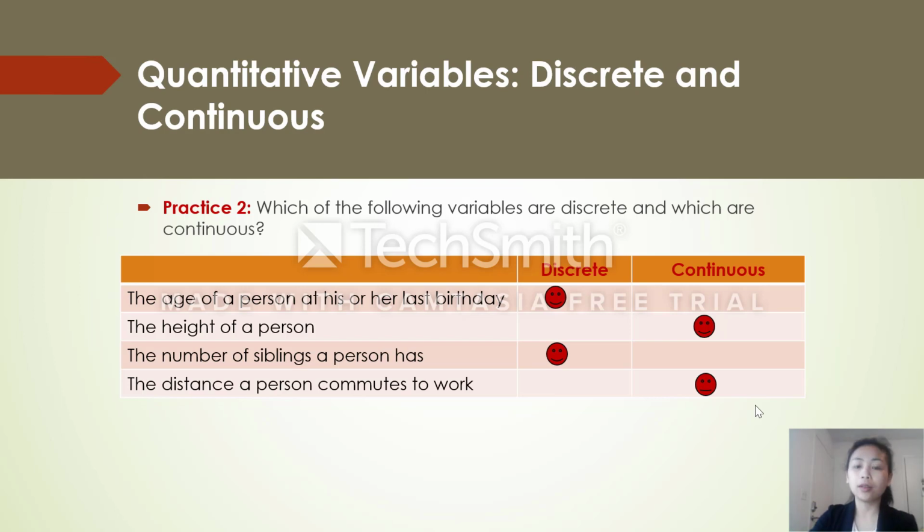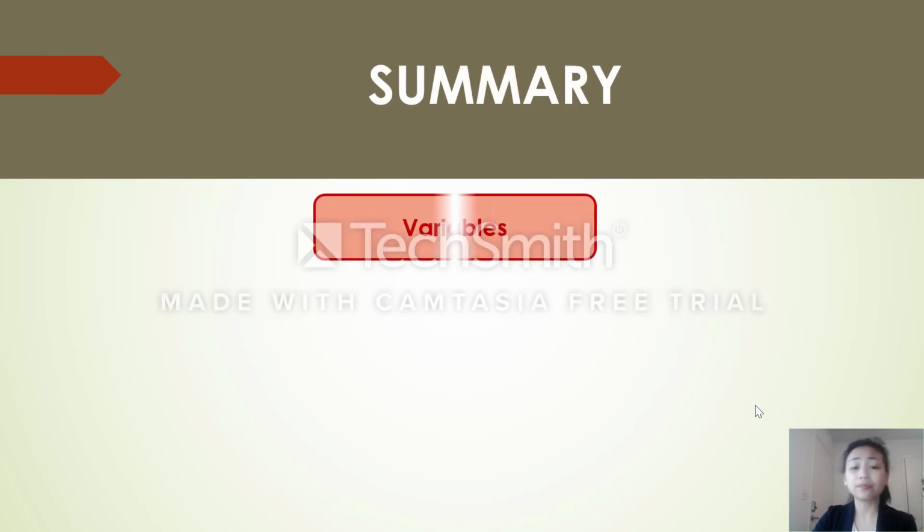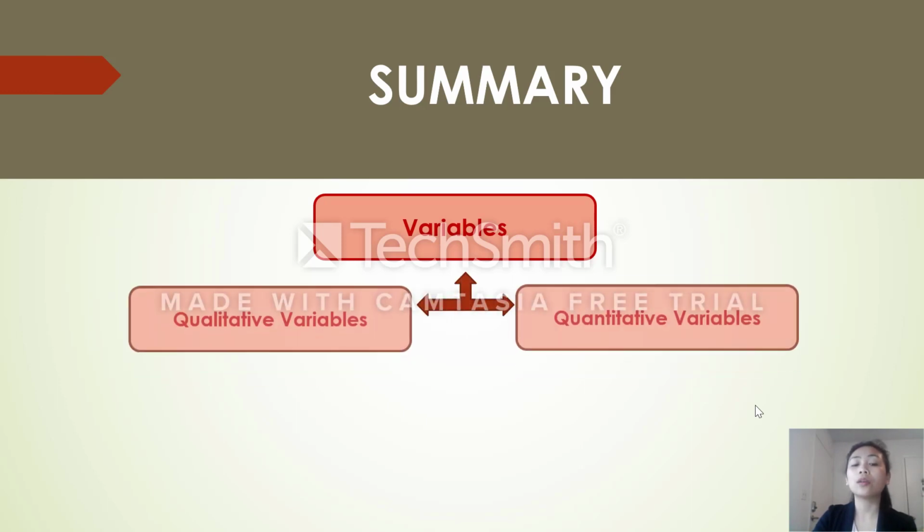So I have finished quantitative variables and qualitative variables. Now let's take a look back at what we have learned today. Today we have learned about datasets, and in the dataset we have individuals and variables. Variables can be either qualitative or quantitative.